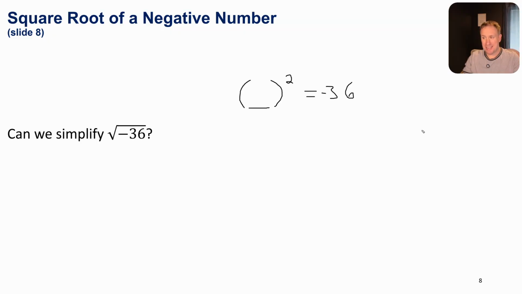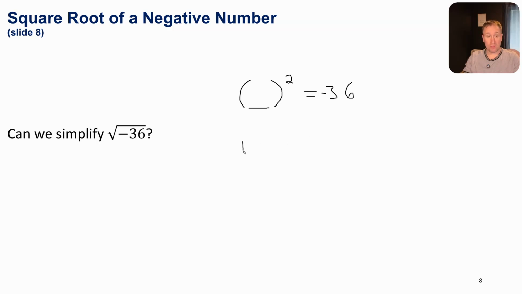Well, any positive number squared is positive, and any negative number squared is also positive. So there is no number that can be negative 36.